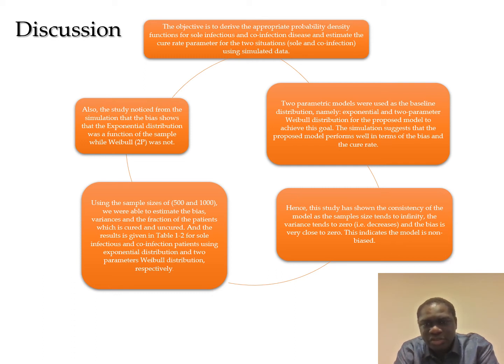The simulation suggests that the proposed model performed well in terms of the bias and the cure rate. Hence, this study has shown the consistency of the model. As the sample size goes to infinity, the variance goes to 0, that is, it decreases. So also the bias is very close to 0. This indicates the model is non-biased.